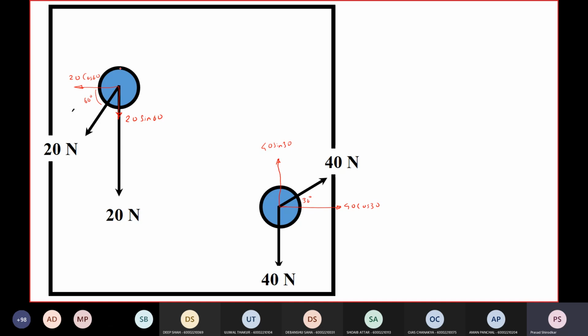And let's mark the distances also. So the coordinates of A, A is 1 comma 4.